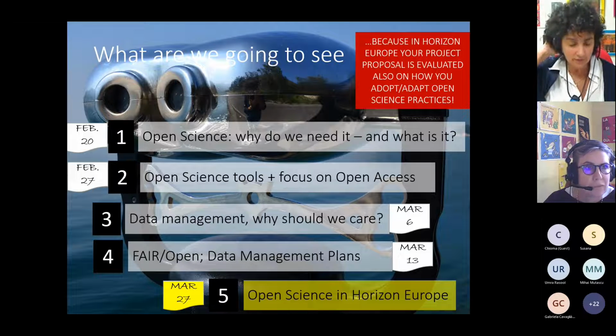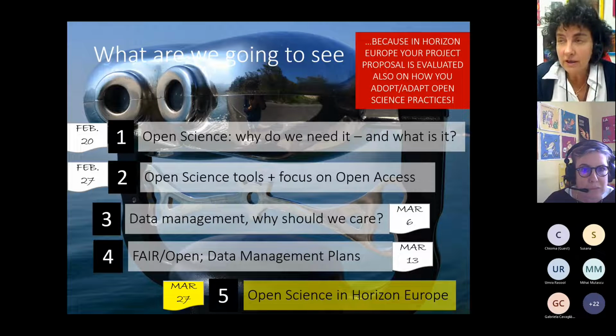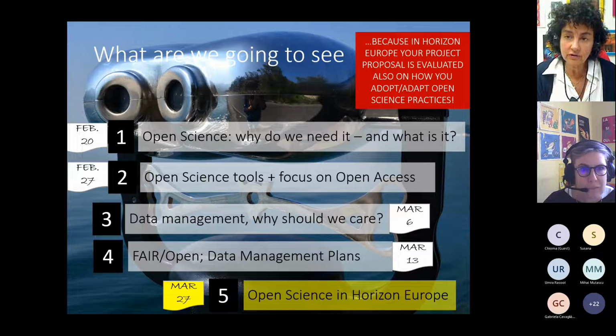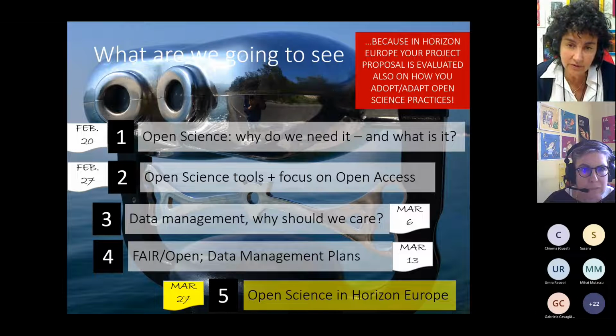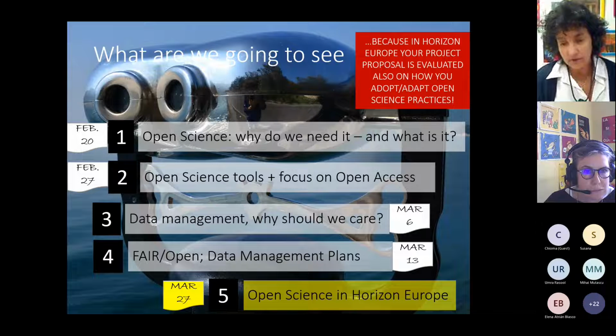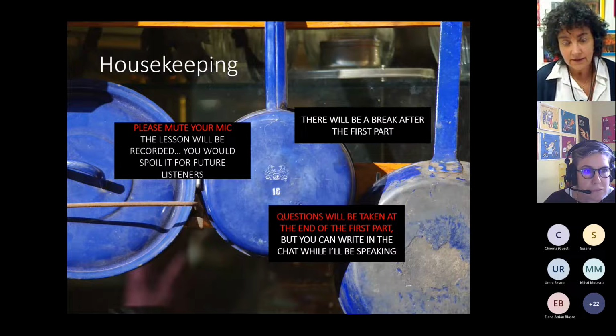Because, and this is important, in Horizon Europe, one of the criteria by which your project proposal is evaluated, so this is a big novelty compared to Horizon 2020, your proposal will be evaluated also on how you adopt and adapt open science practices.